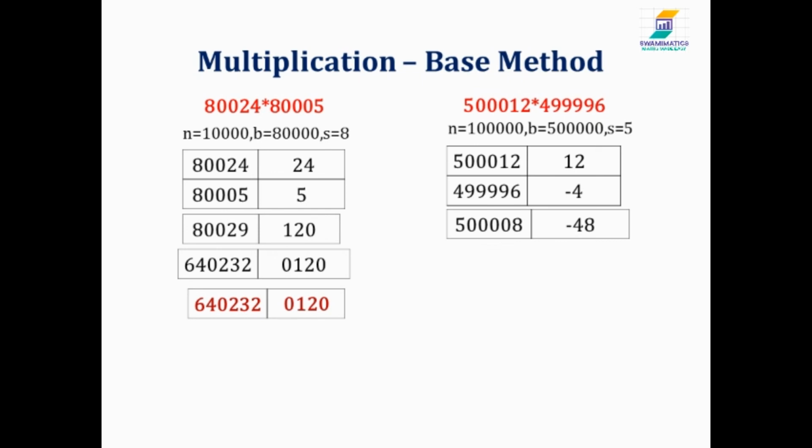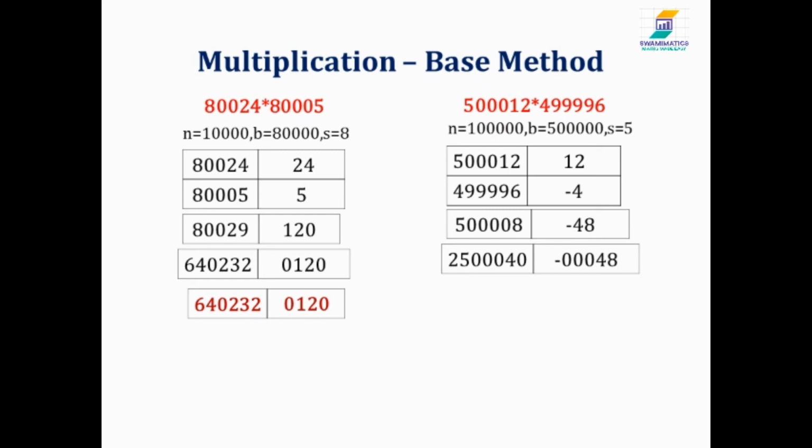The cross operation fetches me 5 lakh 8. 12 minus 4 is 48. Right. Now, here the working base is 5 lakh. So my sub base is 5. I need to multiply 5 lakh 8 by 5, which becomes 25, 3 zeros and 4 zeros.